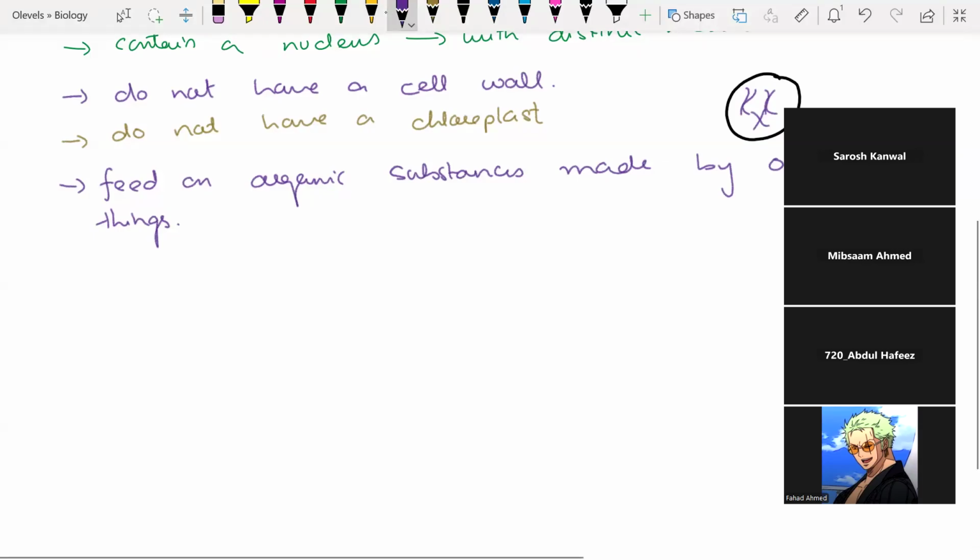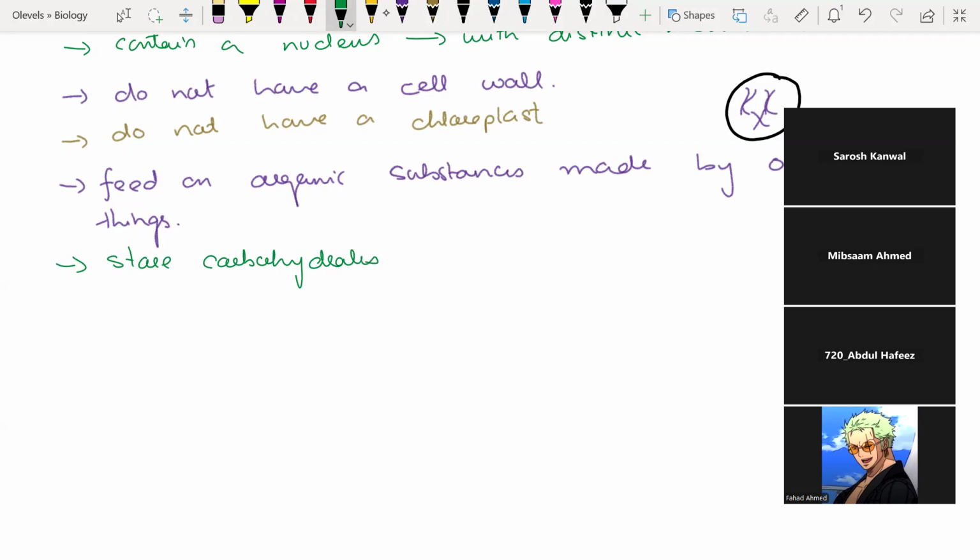Now we know that animal cells store carbohydrates, right? Those carbohydrates are stored in the form of glycogen. The carbohydrate in its active form is glucose, and we store it in the inactive form, glycogen.